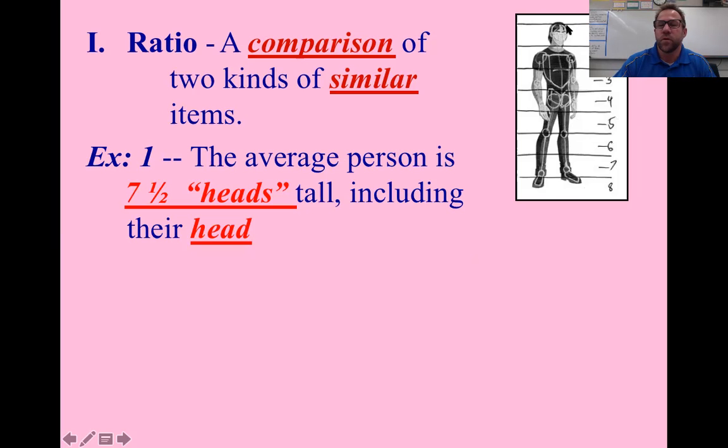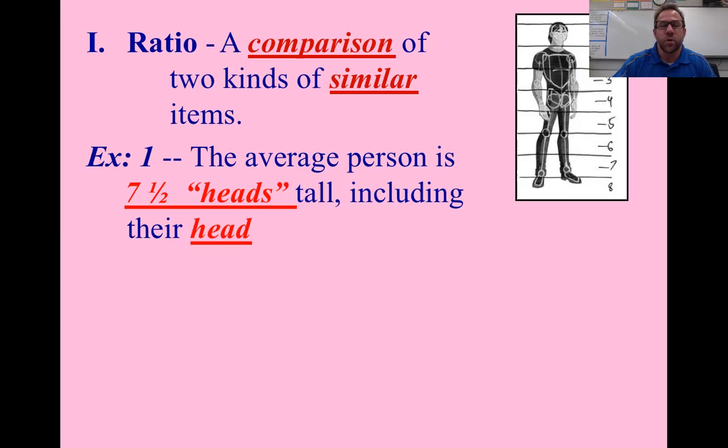So the measure from here to here, that's 1, 2, 3, 4, 5, 6, 7, and then about a half, 7.5, right, to about there. Okay, so that's actually a true statement. An average person is about 7.5 heads tall, including their own head.